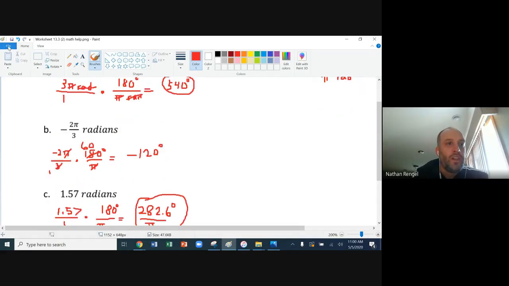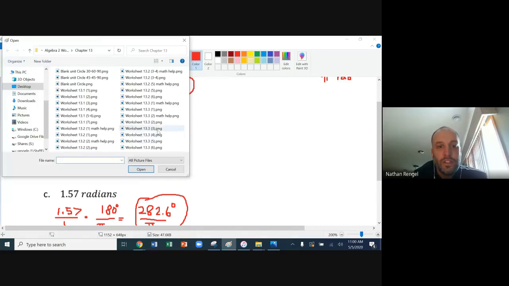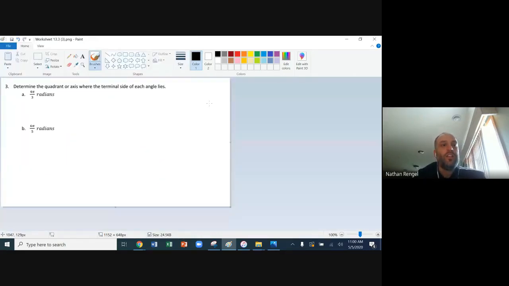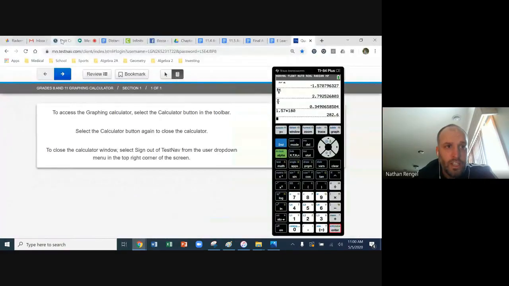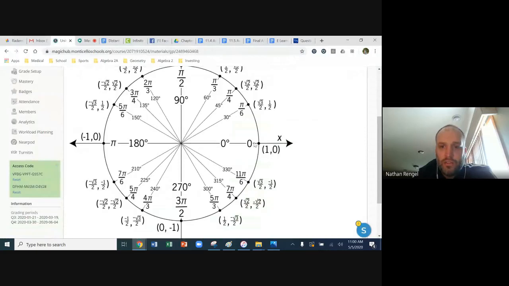All right, so we'll open up then our third problem. Looking at which quadrant the terminal side of each angle lies. And for 4 pi over 3, we'll use our unit circle for that. 4 pi over 3, that's positive, so I am going counterclockwise. So I'm going around this way, heading to here. 4 pi over 3 is going to be right here.